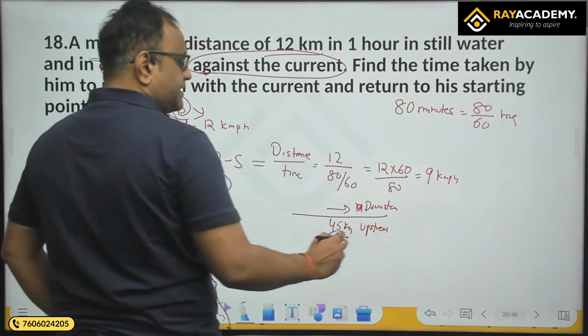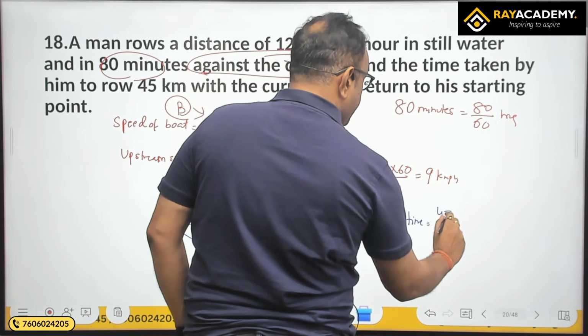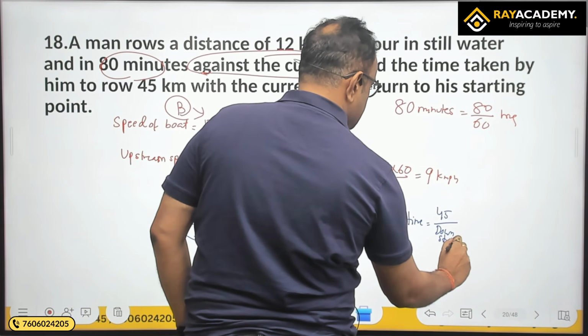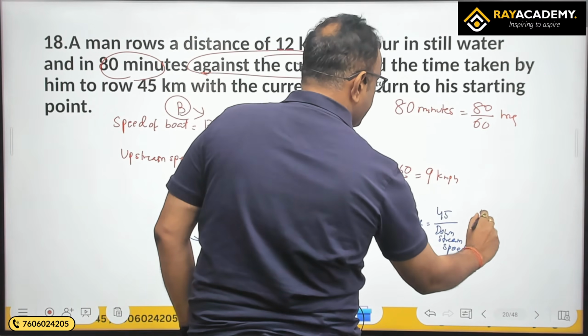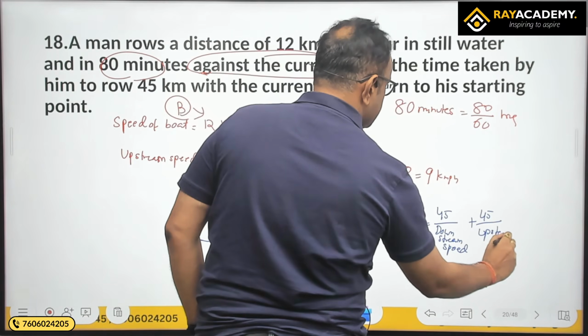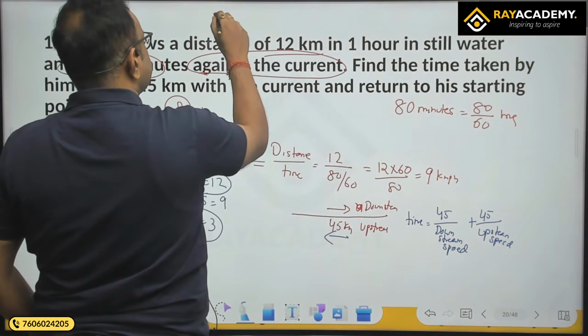So time will be 45 by downstream speed and the return time will be 45 divided by upstream speed. What is downstream speed?